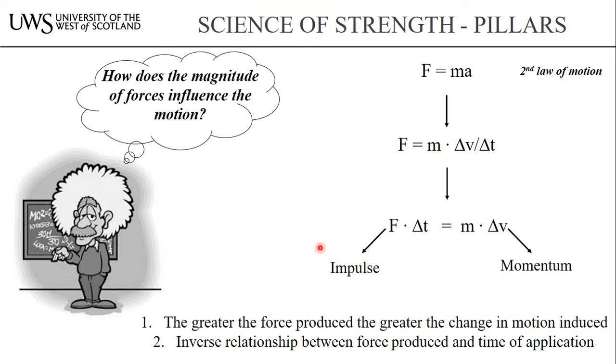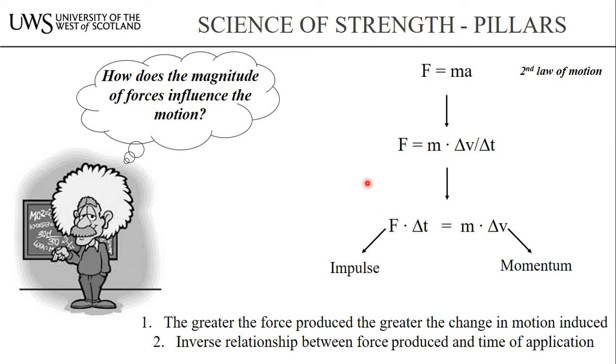Well, two important conclusions actually come up from the second law of motion. The first, which is very basic: the greater the force produced, so the higher will be the impulse, the combination of force over time, the greater will be the change in motion.